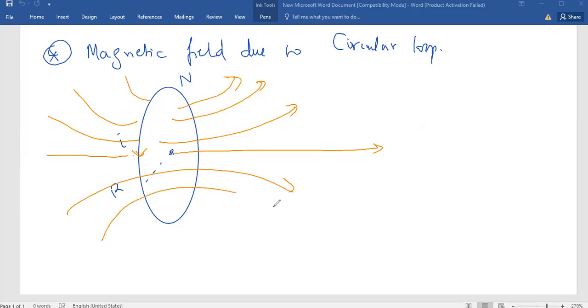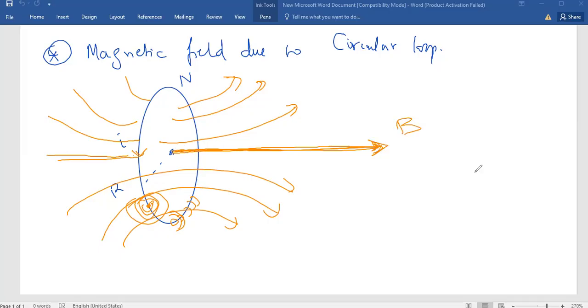So this is the magnetic field lines pattern. And around each there will be magnetic field lines. It is too complicated because at every point magnetic field lines will be like this, and due to the whole loop we have magnetic field lines like this. But we will consider the magnetic field lines passing through the center along the axial line.